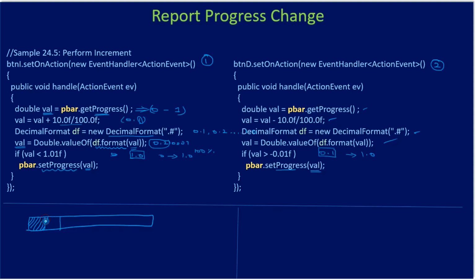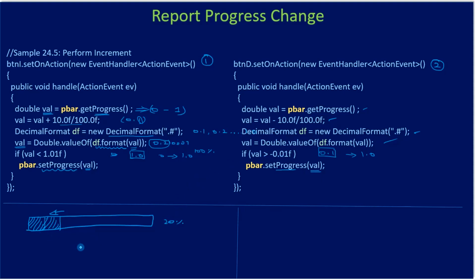Next time when you click, the progress level will change, indicating 20% got completed. Similarly, when you click on button 2, the completion will go in the negative direction. This negative increment is less frequently used.